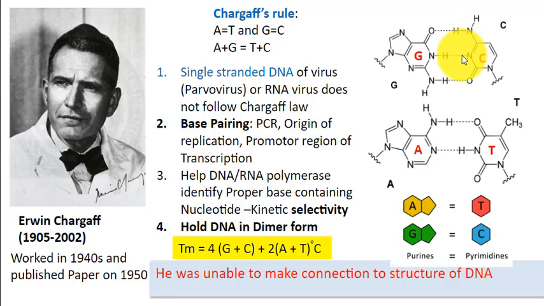It is a determining factor. So we need GC bonding, but we do not need too much GC bonding, and we decide this. We use this knowledge of base pairing to design probes.